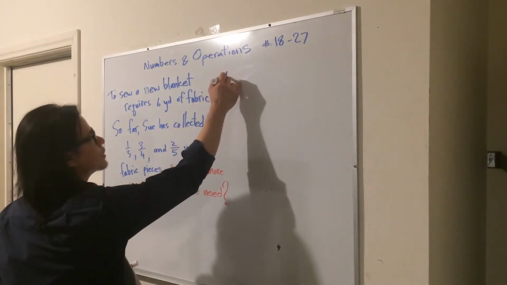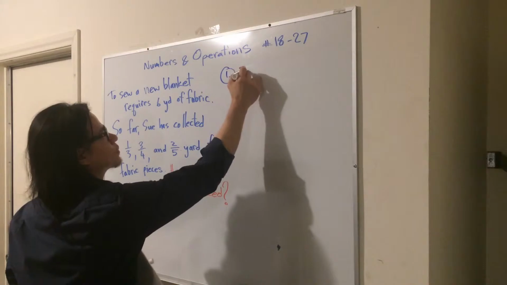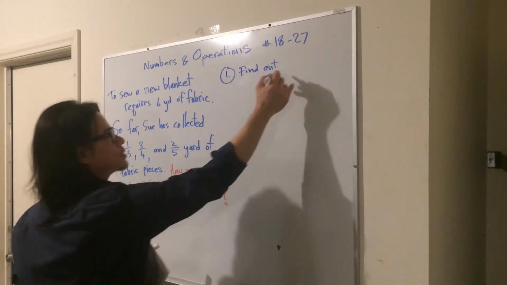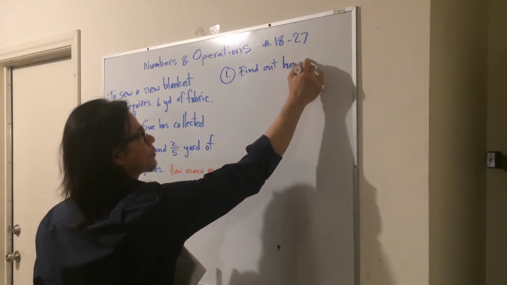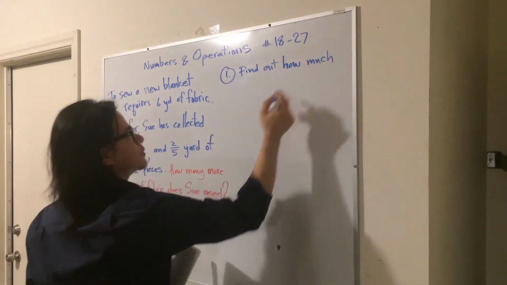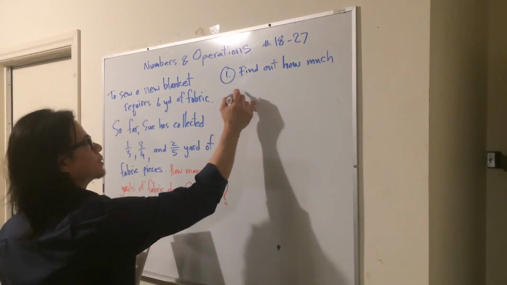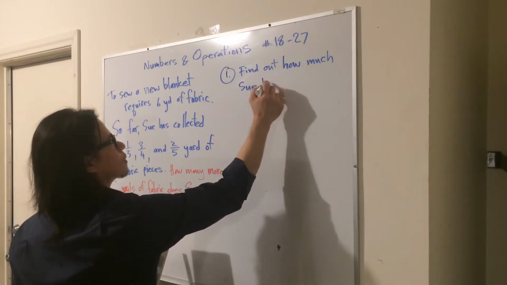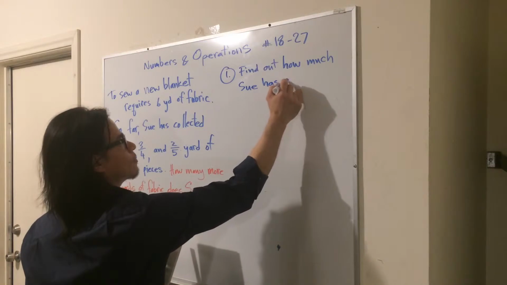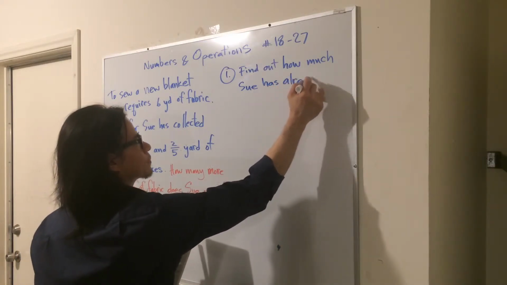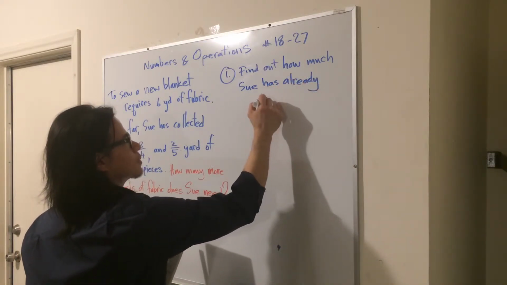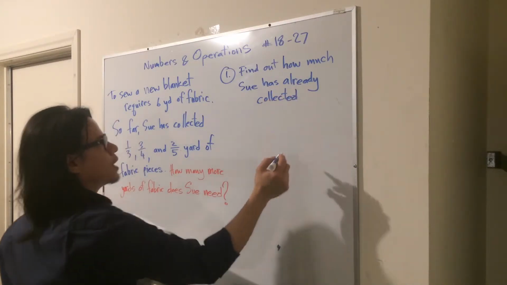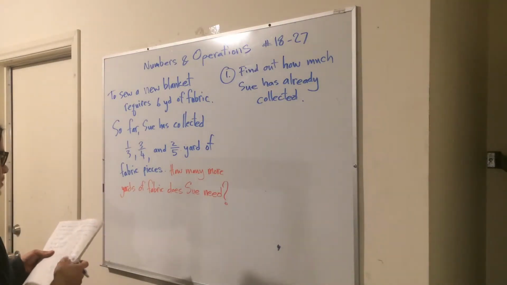Step 1, find out how much Sue has already collected. Are you going to add, subtract, multiply, or divide?